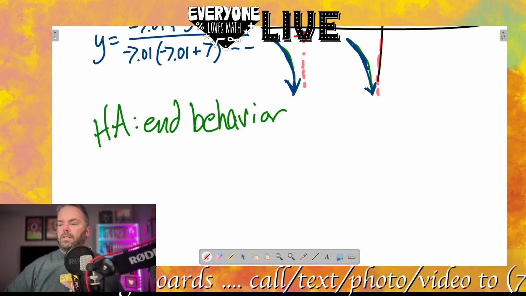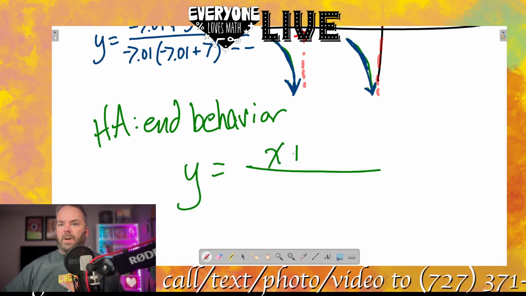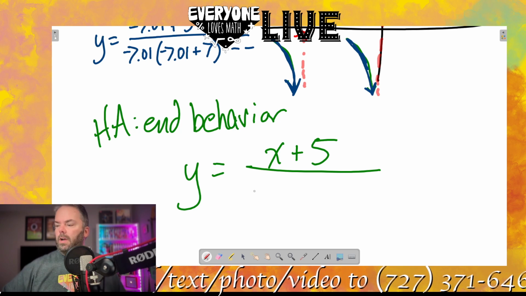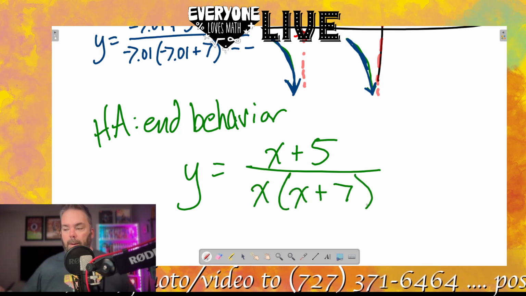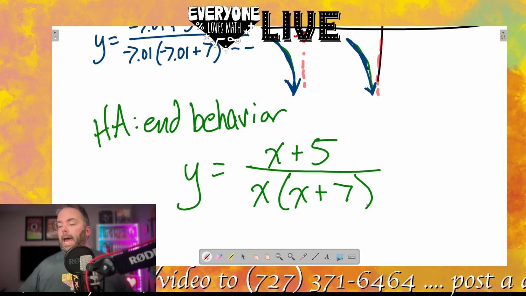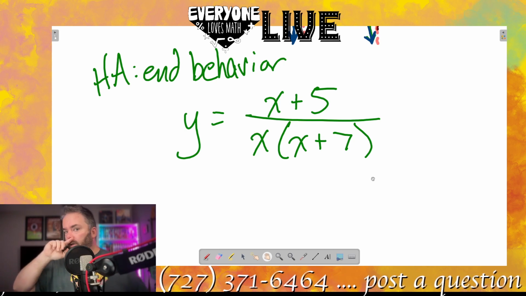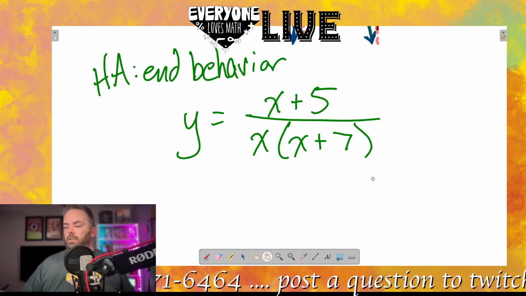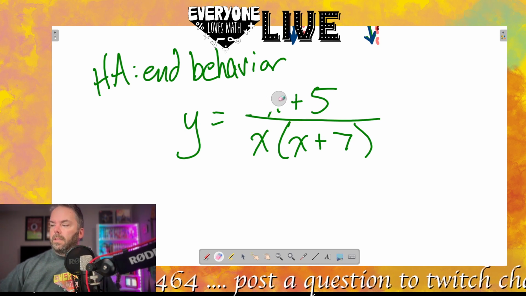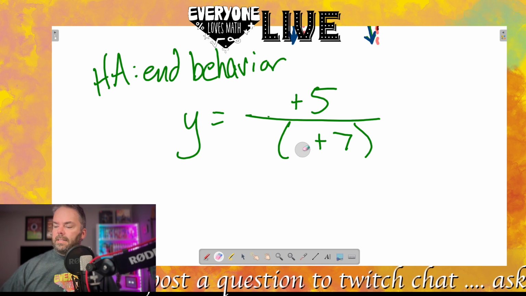All right, so let's look at this thing. y equals (x plus 5) over x times (x plus 7). Remember, end behavior is what happens if we put large numbers in for x. End behavior is what happens way out at the extremes. So, in the interest of time, and because I have an eraser, I'm going to erase the x's.